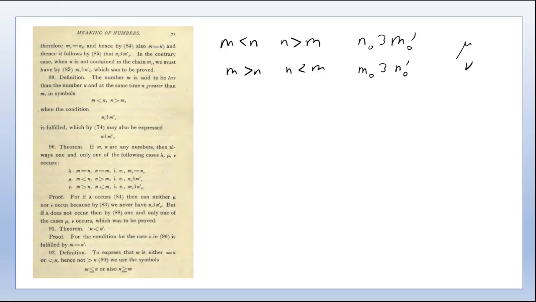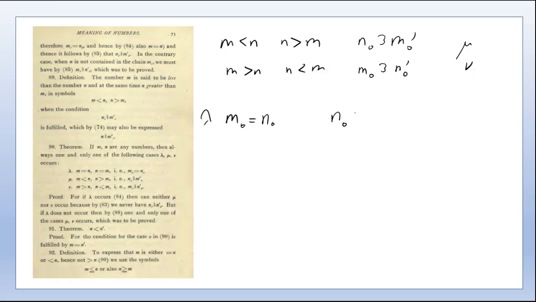So if lambda occurs by 84, then neither mu nor nu can occur, because by 83 we never have. Okay, so if lambda occurs, in other words m0 is equal to n0, so this is lambda.